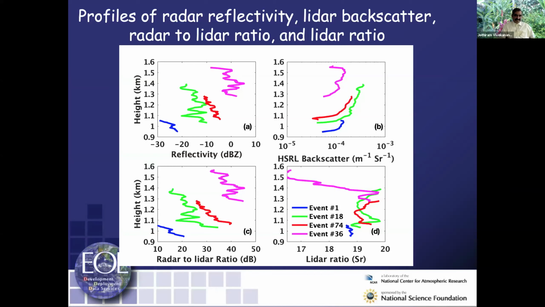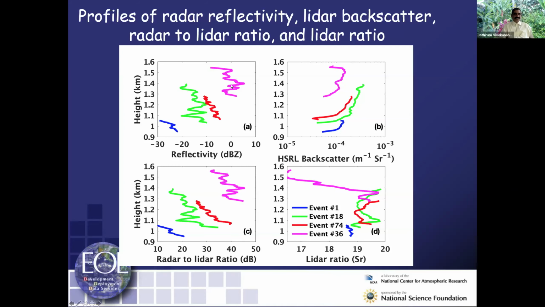and lidar backscatter values. The top panel shows the height versus dBZ for 4 different profiles of stratocumulus cloud. You can see the dBZ values for the blue curve are much lower, the cloud droplets. The intermediate plots, two of them, show dBZ between -10 and 0 dBZ.